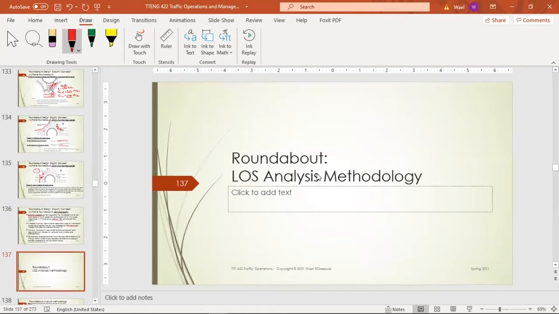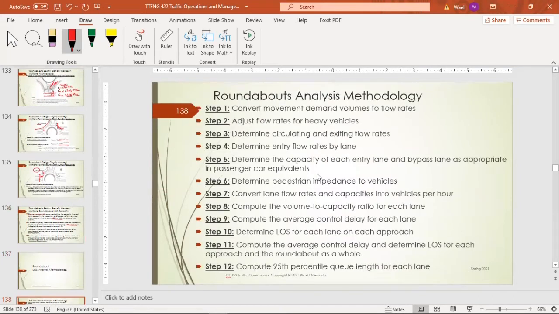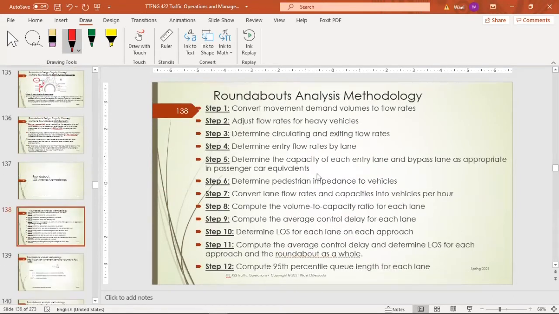Now we are going to move to the roundabout level of service analysis methodology. These are the steps that we are going to follow in assessing the level of service at the roundabout. First of all, step one, converting movement demand volume to flow rate. That means we are going to convert all the volume to passenger cars.